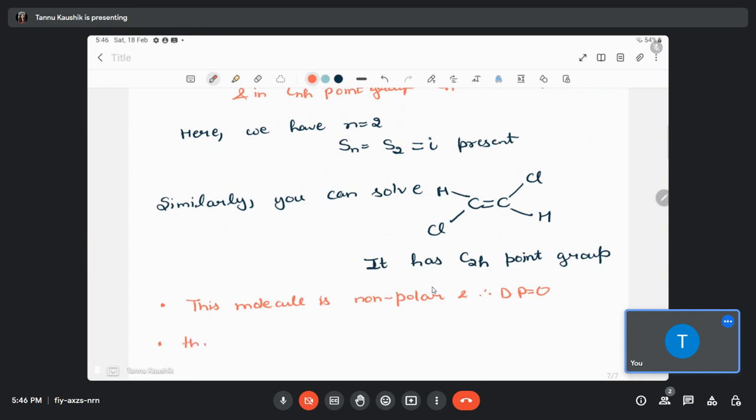And this molecule is symmetric, as we have both improper axis of rotation and proper axis of rotation present in the molecule.